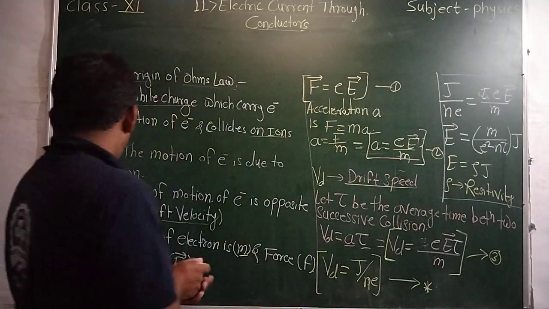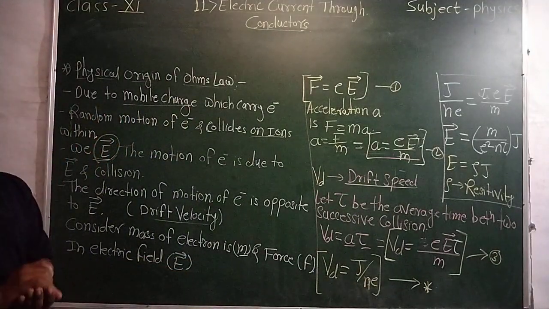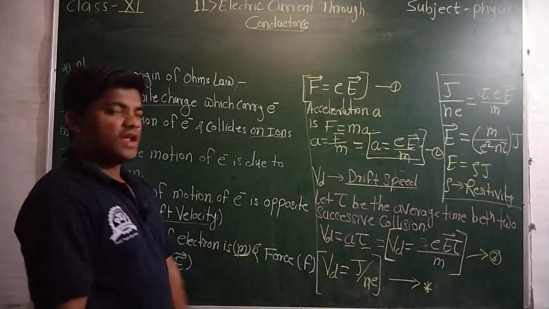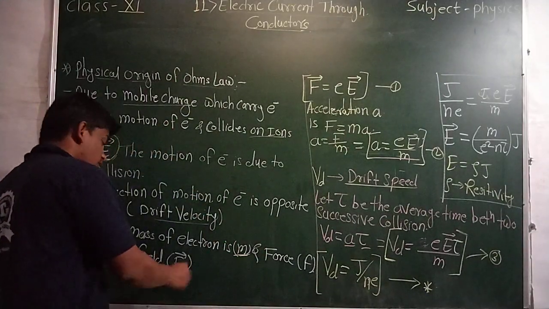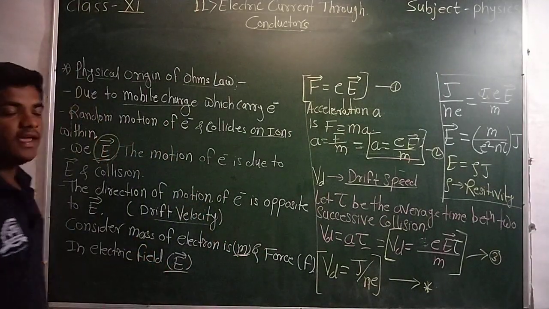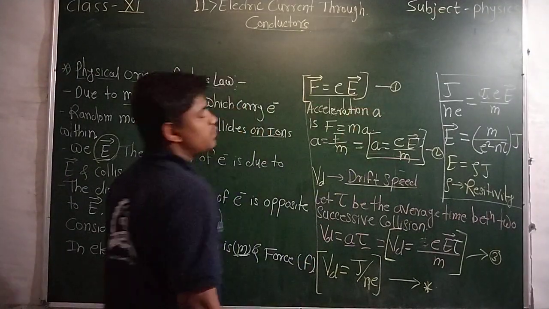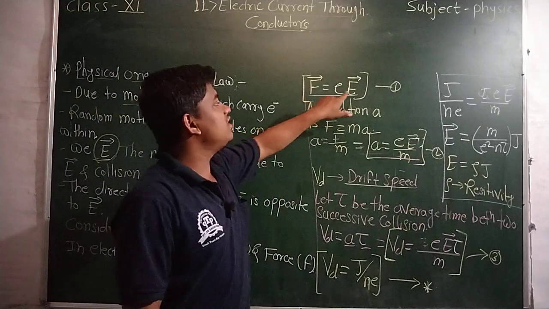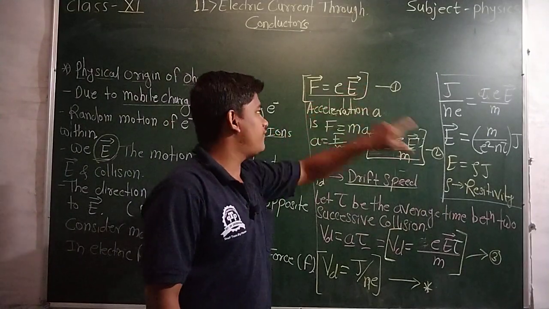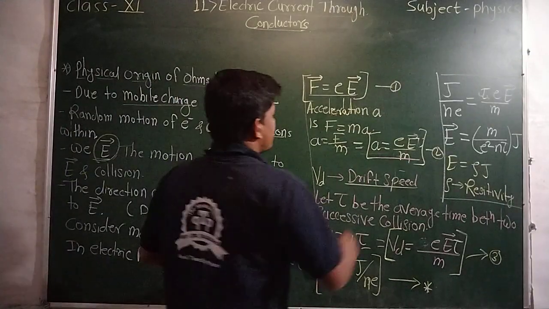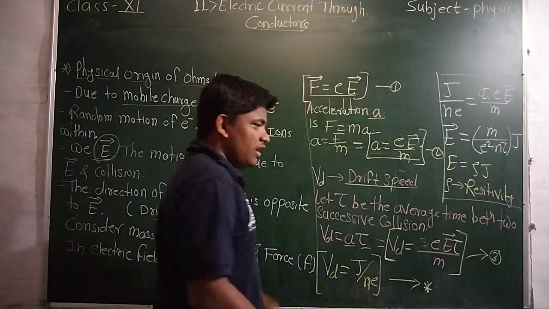Then we know that we consider the mass of the electron as m, and it experiences some force F in the presence of electric field E bar. This is the force experienced by the electrons in the presence of the electric field. Now we use the acceleration.